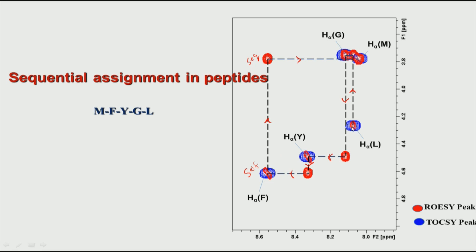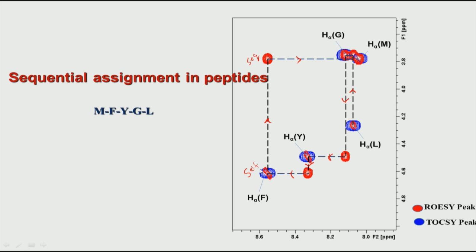So now we can complete this walk along the backbone. This is like a walk along the backbone, and you can say I can start from here, go up to here, and trace a path which goes from I to I minus 1, and it ends finally at methionine. This is the sequential assignment process that we normally carry out in this manner. Once the sequence specific assignments are over, I can say that this was tyrosine and this is phenylalanine.